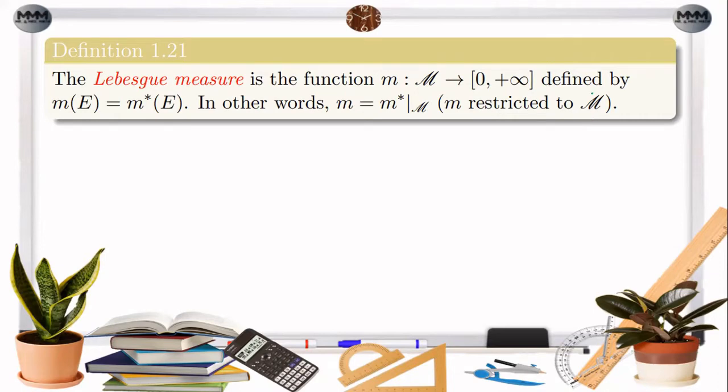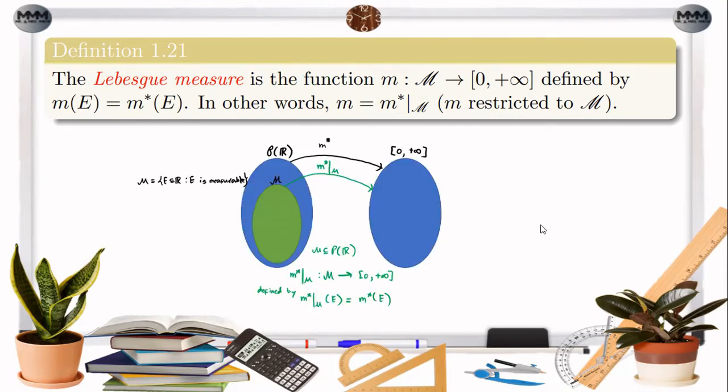In other words, our function m is m star restricted to script M. As you notice, the Lebesgue measure is the newly defined function, as I have illustrated a while ago. This was the new obtained function I presented. So notice here that this function is the Lebesgue measure.